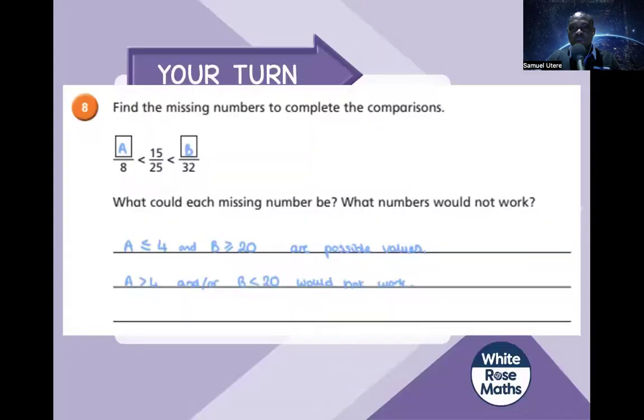All right. That brings us to the end of the lesson. So what have we learned so far? We have learned that you can use equivalent fractions. So after using diagrams, you no longer really need to use diagrams.